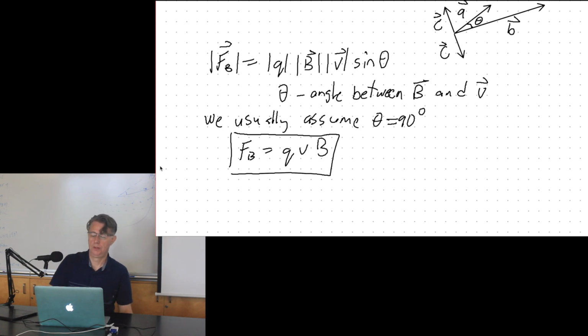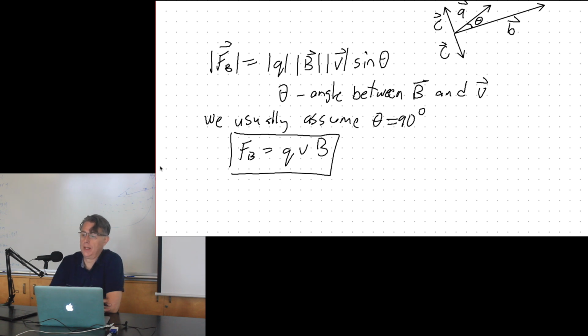Is it a scalar product? It's not really, because a scalar product is of two vectors multiplied to produce a scalar. These are all scalars because they're magnitudes. So that's what we typically get in high school.